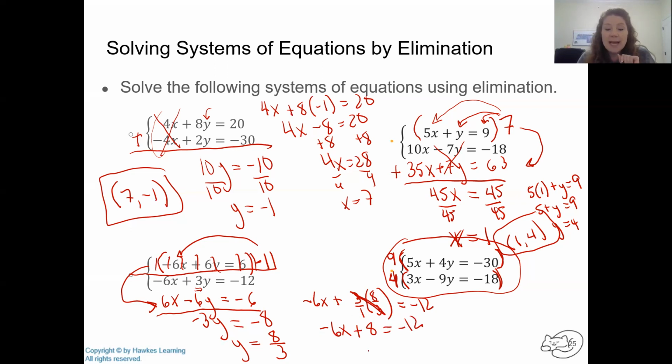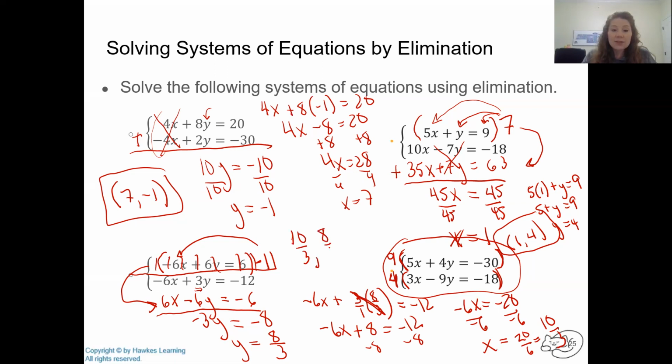And then I subtract 8 from both sides. So I end up with negative 6x equals negative 20. Then when I divide both sides by negative 6, I know negative divided by negative is positive 20 over 6, which will be 10 over 3. So my x is 10 over 3, and my y is 8 over 3. And that's my solution. Okay?